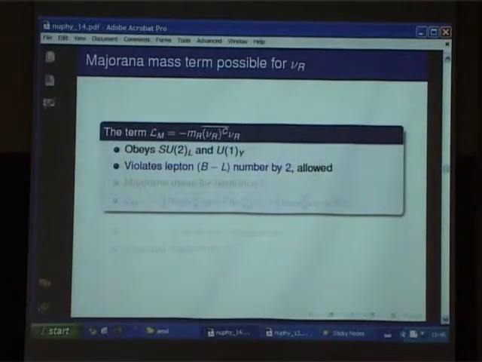A term should be of the form psi bar psi, so I write nu R^C bar times nu R. This is a Lorentz scalar. The hypercharge is 0, and it is an SU(2) singlet.